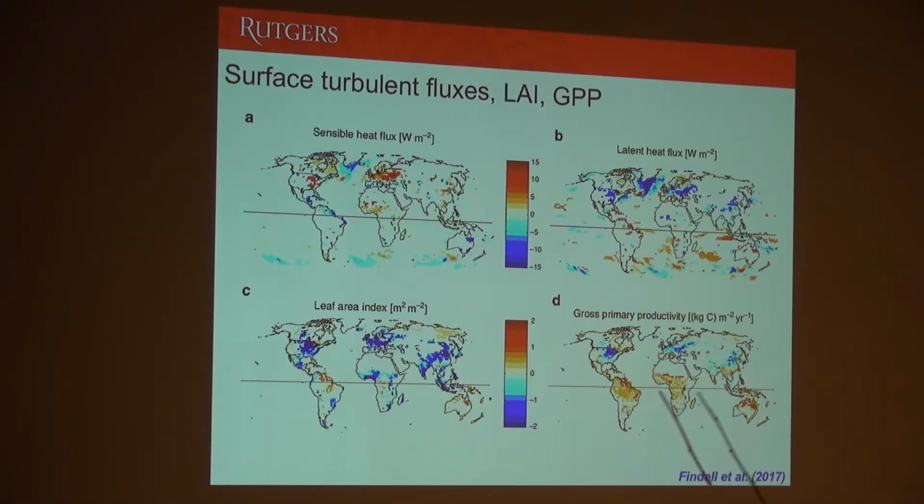On the bottom panels, it shows you some of the vegetation parameters that come out of the model. In those heavily crop modified places over the eastern US, over Europe, over Asia, leaf area index, basically a measure of the leaf coverage per unit area, has actually decreased.